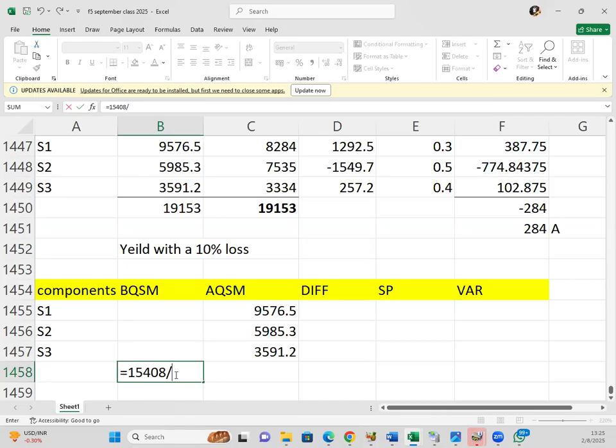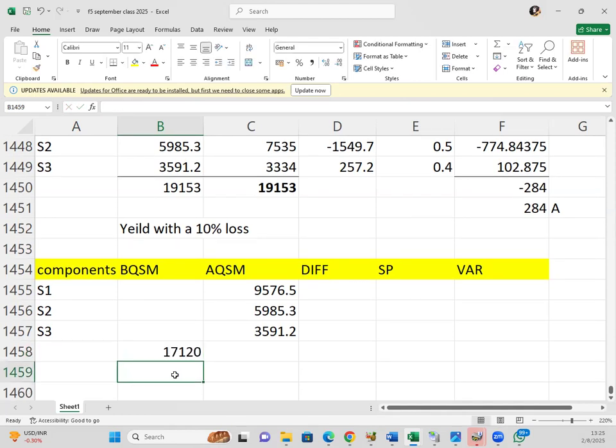if 15,408 is after removing 10%, it means this is 90%. So you're saying this is equal to 0.9, what about 1? It means it will be more. So you divide by 0.9. So you take the actual output, and if the output is now 15,408 after 10% loss, this is equal to 90%.